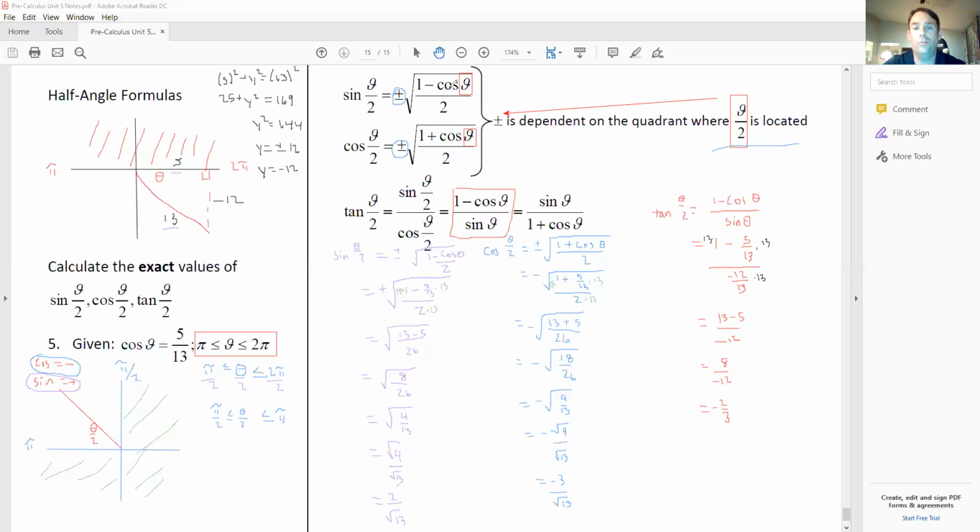But what if we would have used the other formula? In other words, what if we would have used this one? Would that have worked? Oh, one way to find out, we just plug it in. So tangent of theta over 2 equals sine theta over 1 plus cosine theta.